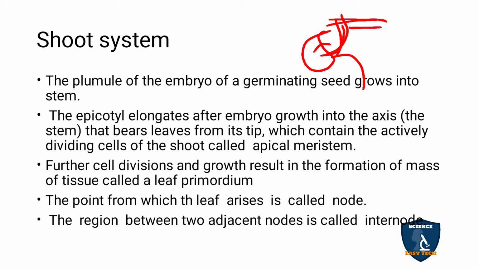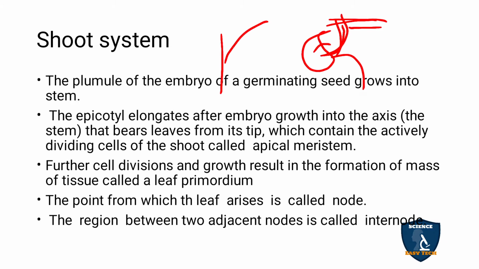Further, the cell division and growth result in the formation of a mass of tissue called leaf primordium. This leads to the leaf primordium, that is nothing but the cotyledons. The point from which the leaf arises is called the node. Think of this as the first leaf from the cotyledons. This is the stem.